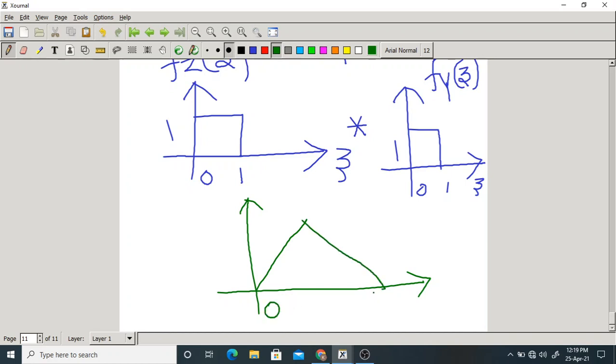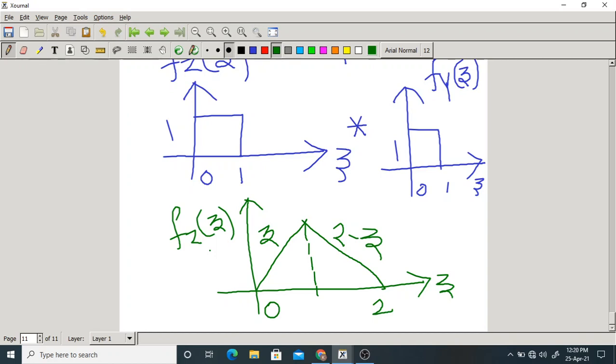This is 0, this is 2, this is z, this is 2 minus z. This is fz of z. I'm writing directly because we know that if you convolve two squares, you get a triangle.